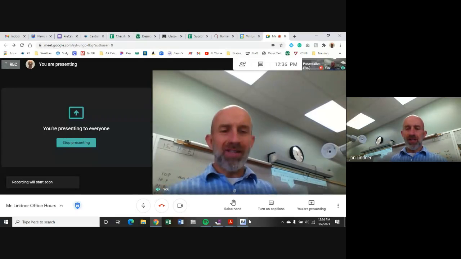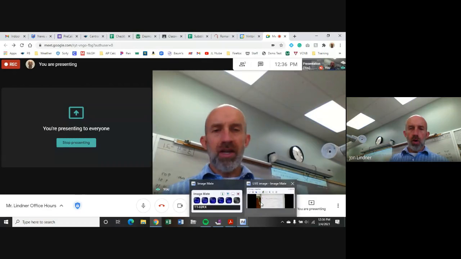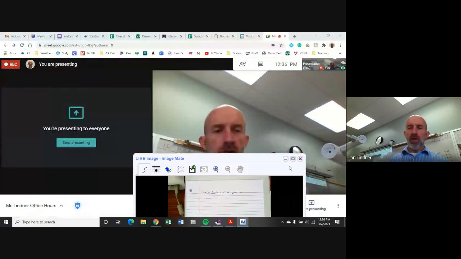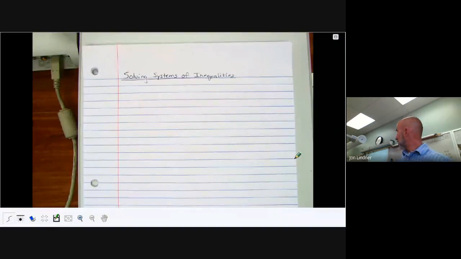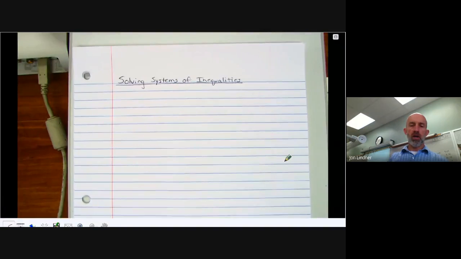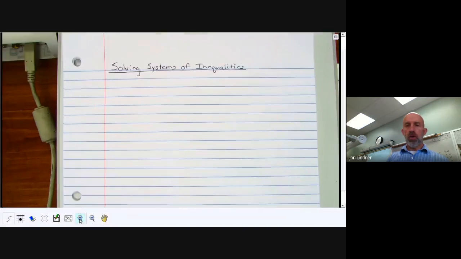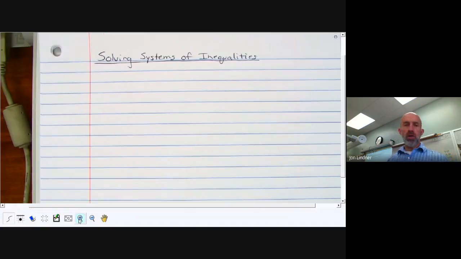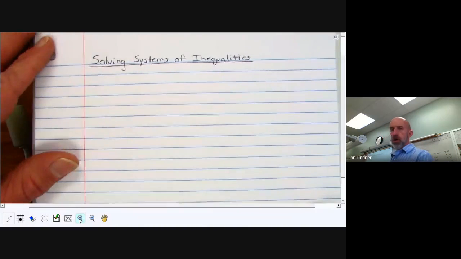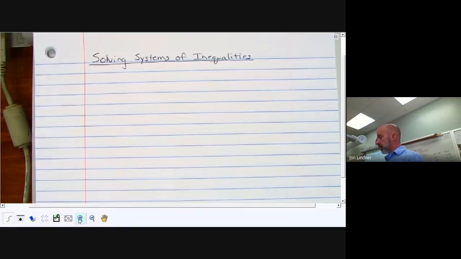to solve a system of inequalities. And a system of inequalities is a little bit different than a regular inequality that we graph. So let's just get right into it.